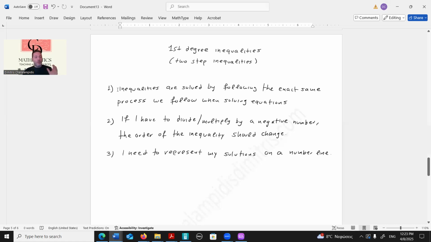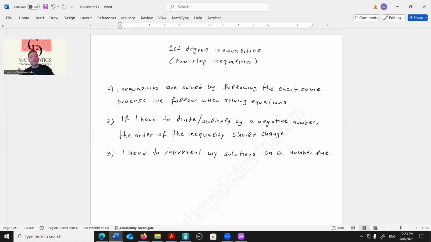Once again, we will follow the exact same process we do follow when we solve first-degree equations. So if you are familiar with how to solve first-degree equations, you will have actually no issues here as well. There is, however, a small difference.